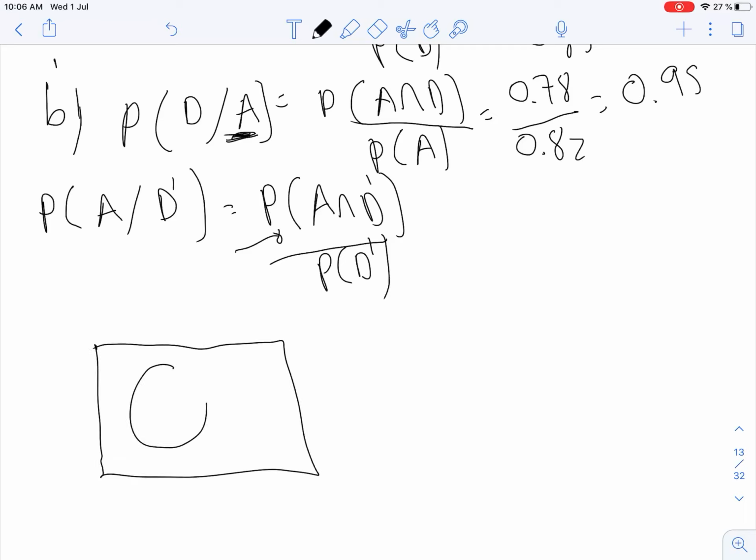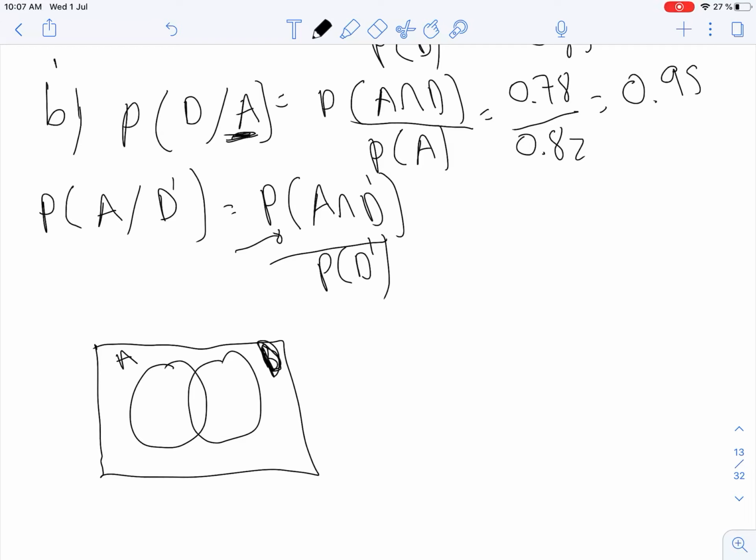So we have A and D. A is the circle, right? Oh, I'm sorry, this is D. This is not B, it's D. All right, so the intersection of A and D complement.